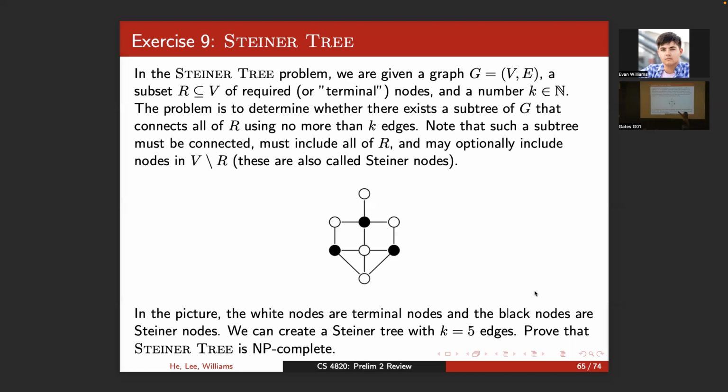So the black nodes are the required ones. Yeah, like required.